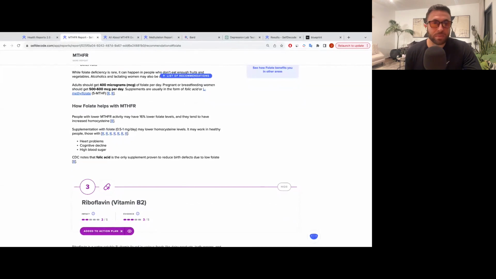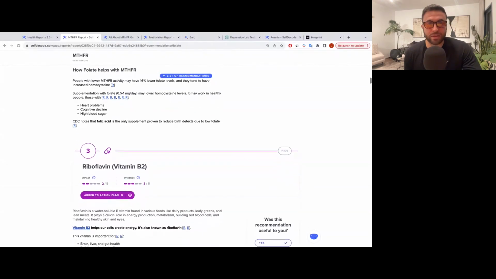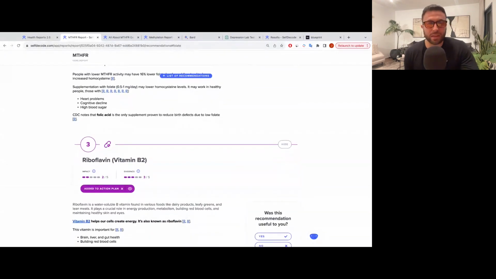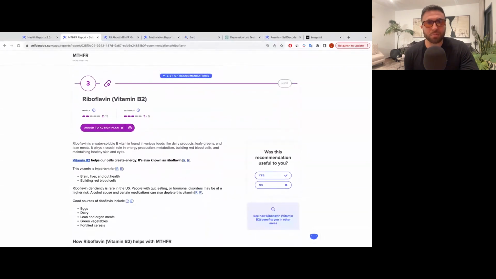And again, supplementation with folate may lower homocysteine levels, and there's some benefits with that. Now, again, the methylfolate is a better solution. There's not a lot of concrete proof, but it seems pretty clear that, in my opinion, that would be significantly better.